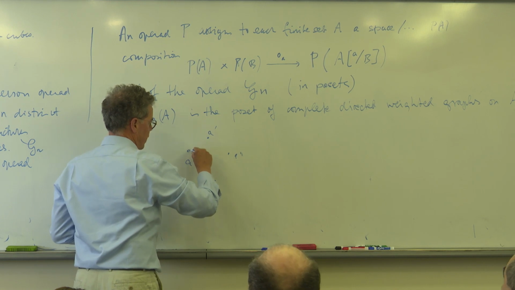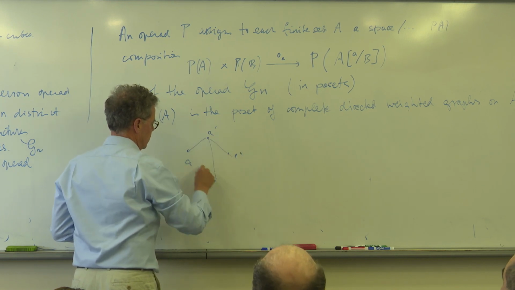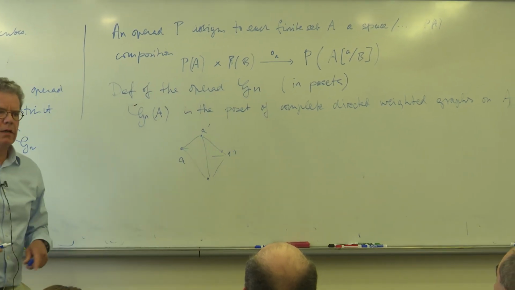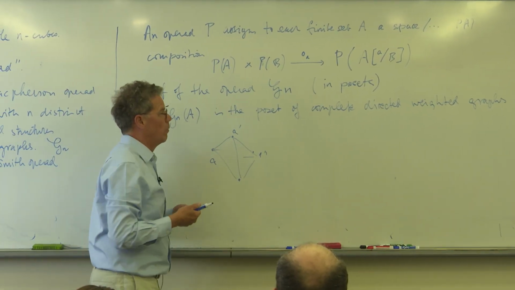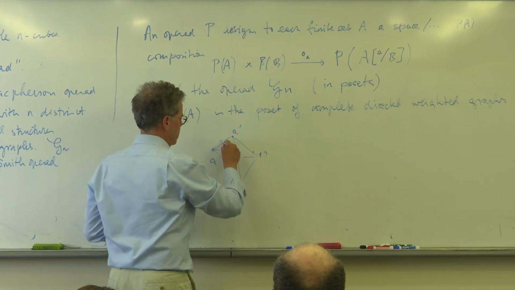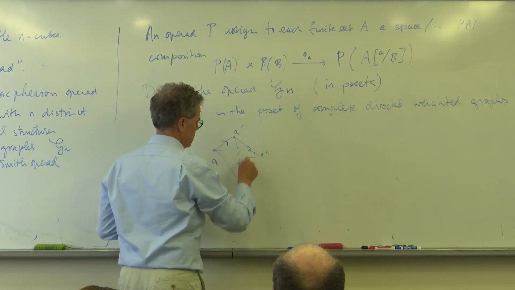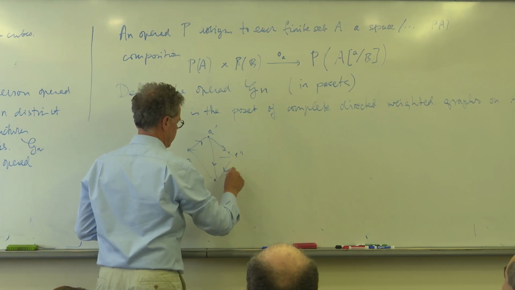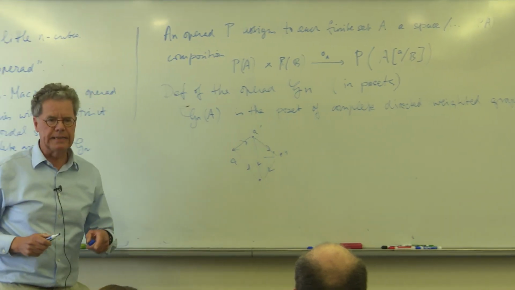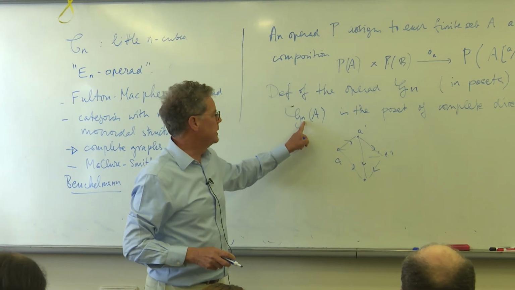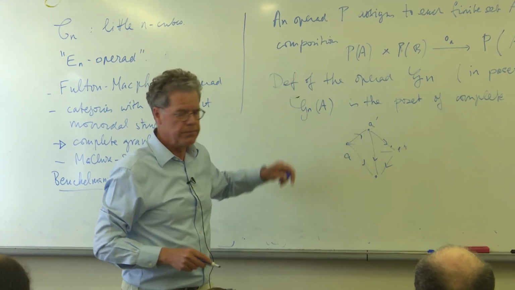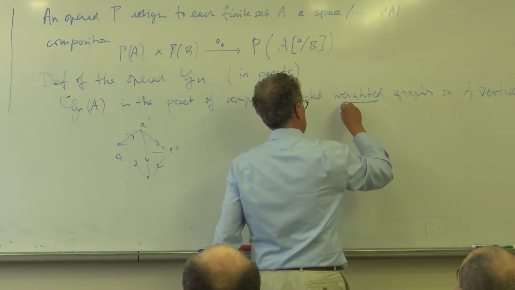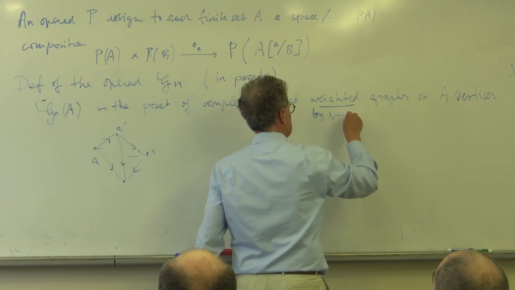There will be a complete graph, so between any two vertices there will be an edge. It will be directed, so it is complete as an undirected graph, and it will be directed. I may write a non-example after I've put the condition. And it will be weighted by the numbers 1 up to n.